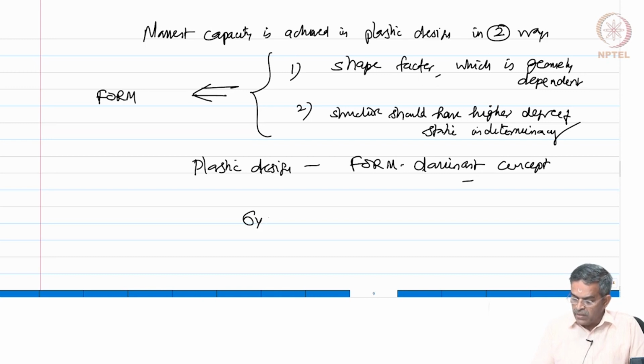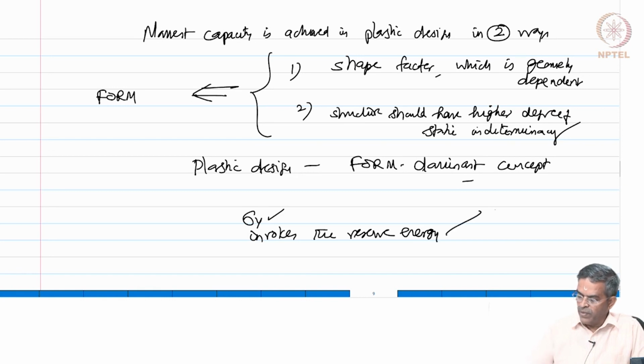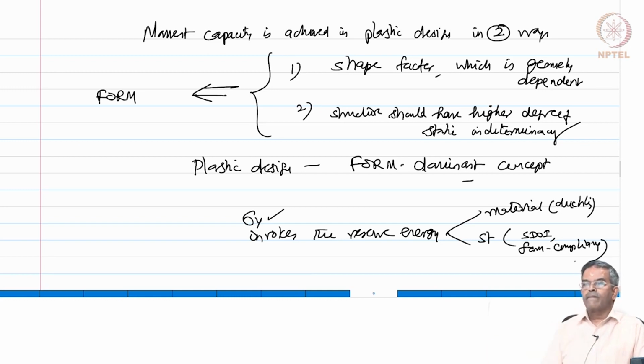It utilizes strength till sigma y of the material and it invokes the reserve energy from the material in terms of ductility, from the structure in terms of static degree of indeterminacy and form compliancy. Okay, that is very interesting. So, let us try to derive the elastic core and check what is that condition for a plastic design.